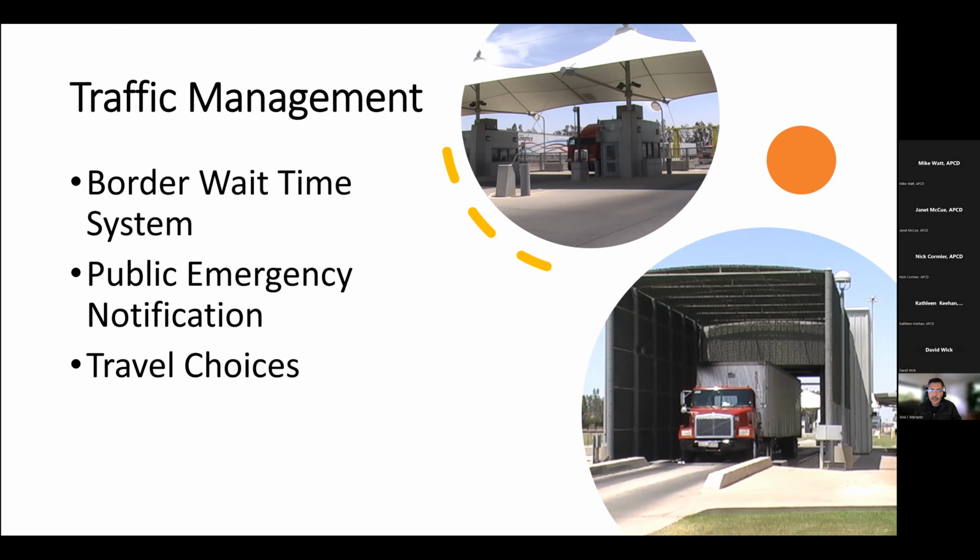So we are trying to provide a system that helps communicate the current traffic conditions primarily for these three main agencies. The system will also provide a public emergency notification system. So if there's an emergency, like an accident, we can provide that reliable information to the traveling public. In doing so, we'll provide more travel choices to both passenger vehicles and commercial vehicles.